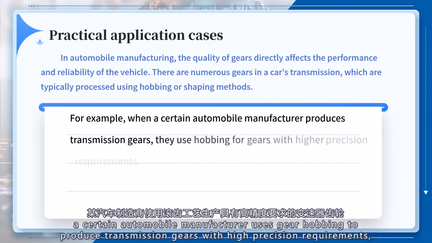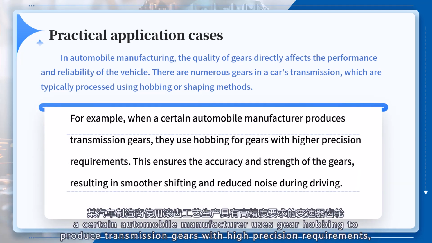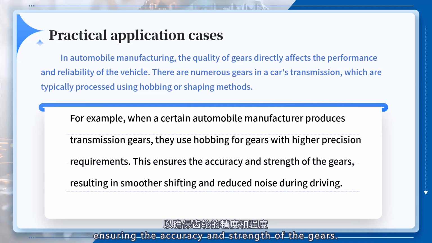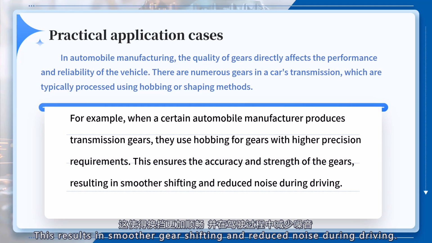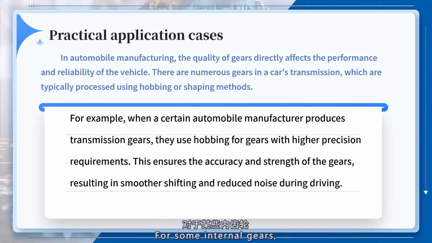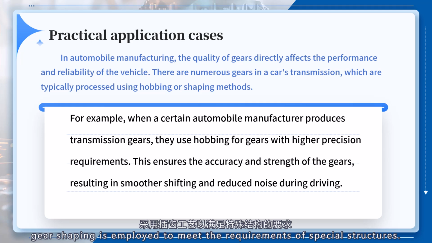For instance, a certain automobile manufacturer uses gear hobbing to produce transmission gears with high precision requirements, ensuring the accuracy and strength of the gears. This results in smoother gear shifting and reduced noise during driving. For some internal gears, gear shaping is employed to meet the requirements of special structures.